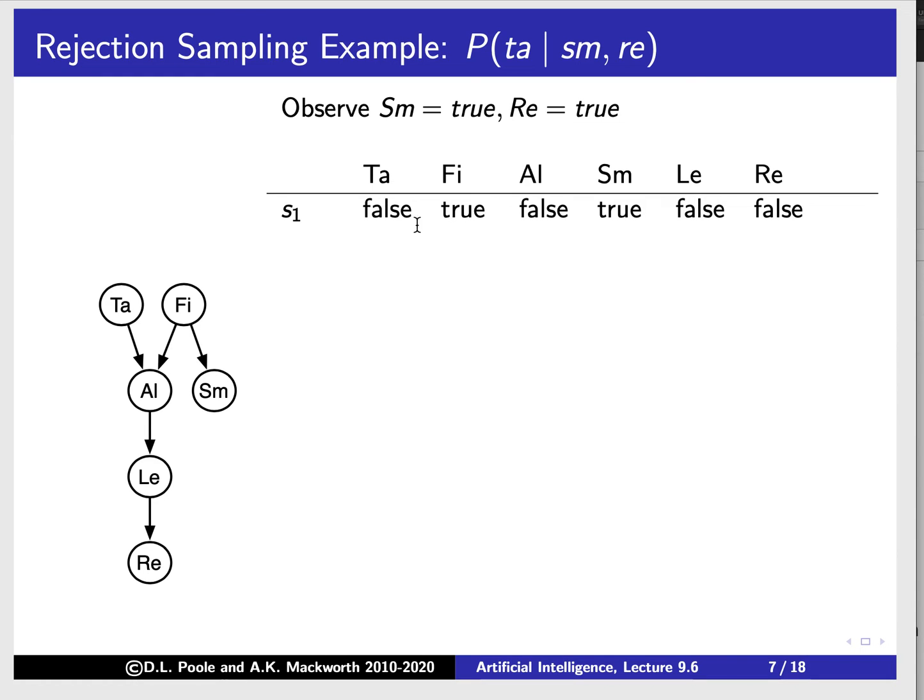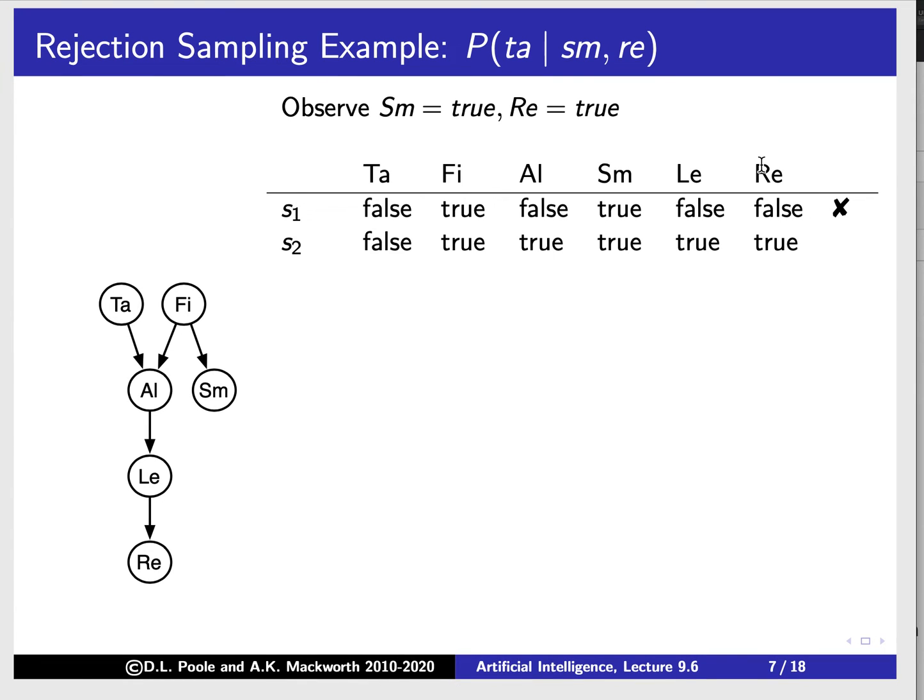Tampering is false, fire is true, alarm is false, smoke is true, leaving is false, and report is false. And now we're going to see, should we accept or reject this? If we look at this, the report here is false. We've observed it to be true, but this sample is false. We're going to reject this sample. It's no longer considered.